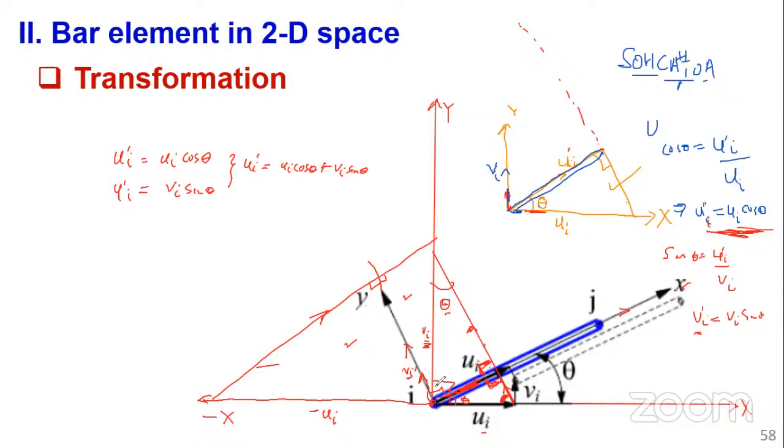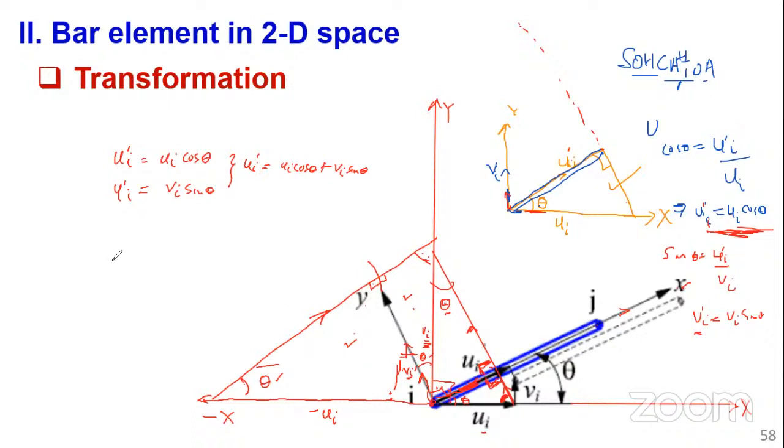This being theta, this being 90, this is 90 minus theta. Then you take the big triangle here, 90, then this is theta. So I wanted to get this angle and this angle. Use this triangle and this triangle now to get the vertical component.